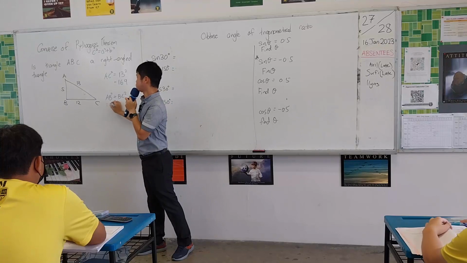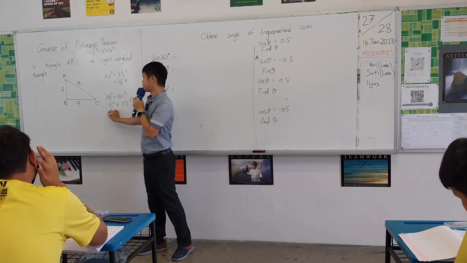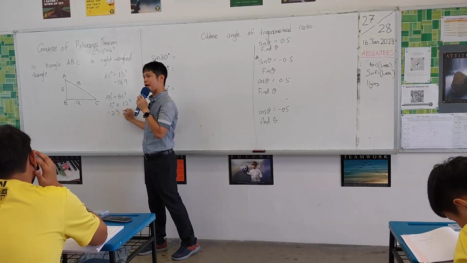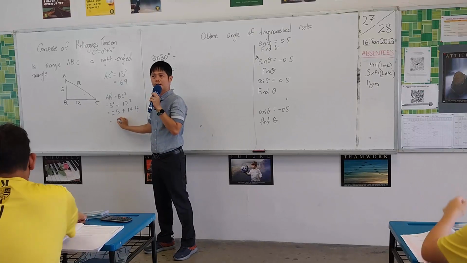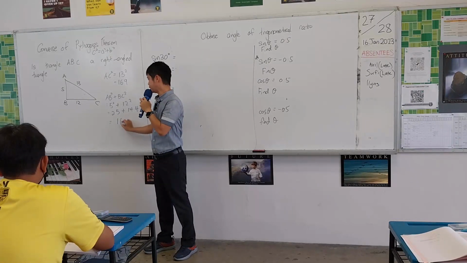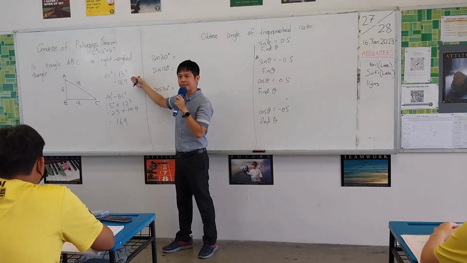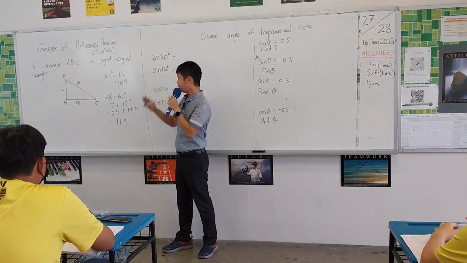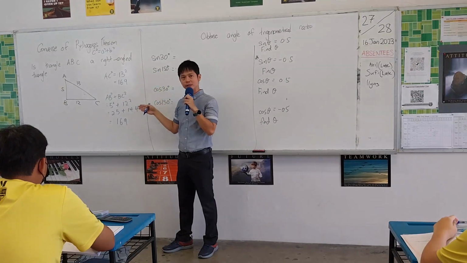I will have 5 square plus 12 square. If we press our calculator, I will have 25 plus 144, and that will give me 169. Now, since AC square is equal to AB square plus BC square, Pythagoras theorem works.